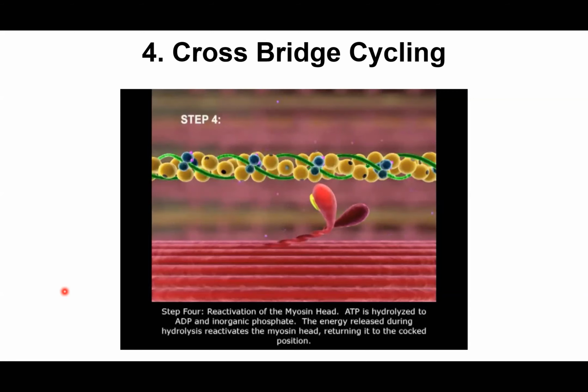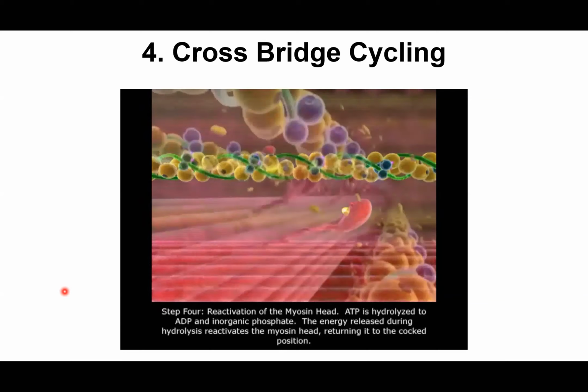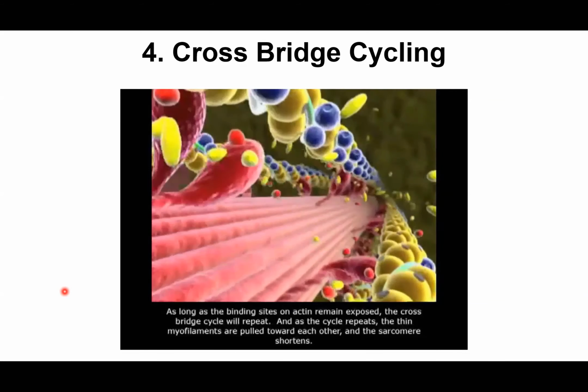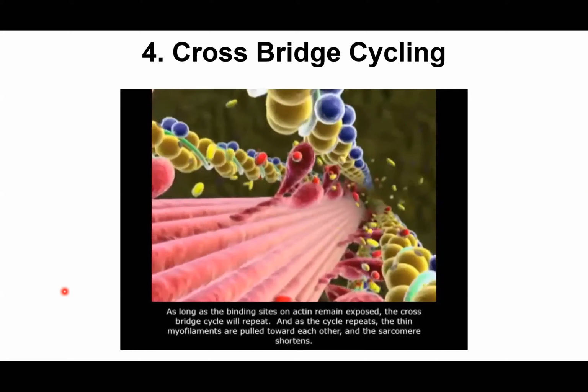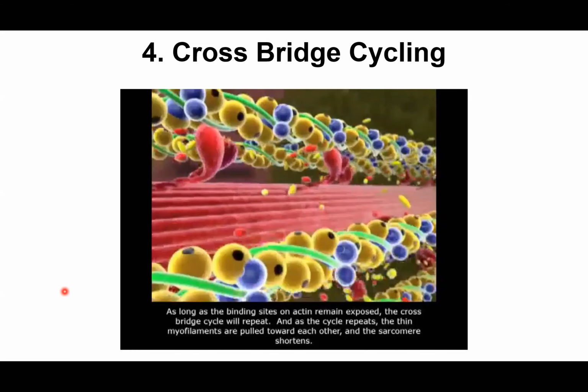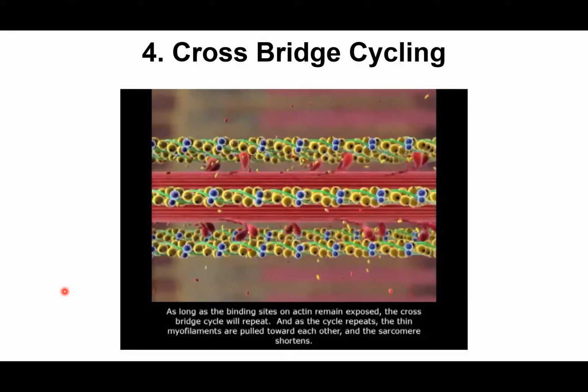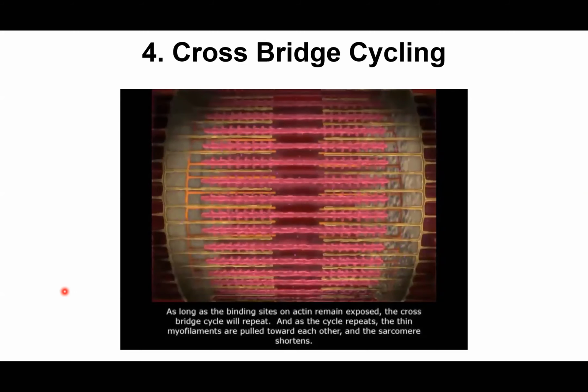Step 4. Reactivation of the myosin head. ATP is hydrolyzed to ADP and inorganic phosphate. The energy released during hydrolysis reactivates the myosin head, returning it to the cocked position. As long as the binding sites on actin remain exposed, the cross-bridge cycle will repeat. And as the cycle repeats, the thin myofilaments are pulled toward each other and the sarcomere shortens.